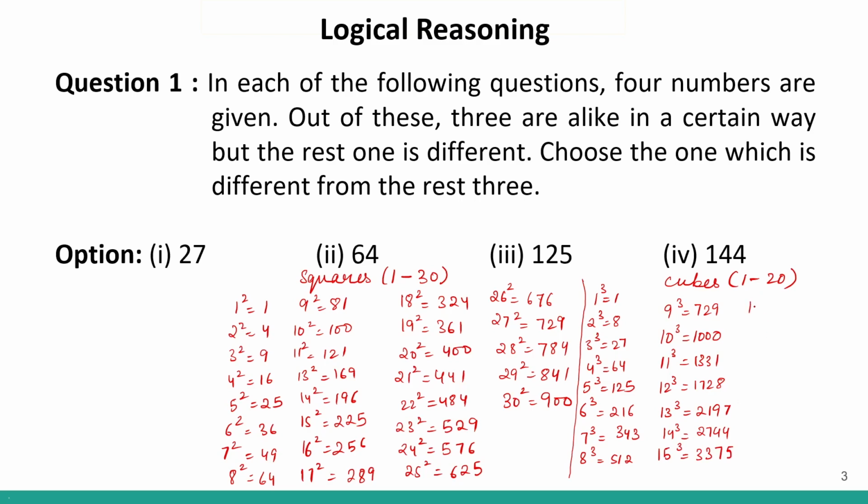Then 16 cube is 4096, similarly 17 cube is 4913, 18 cube is 5832, 19 cube is 6859 and 20 cube is 8000.